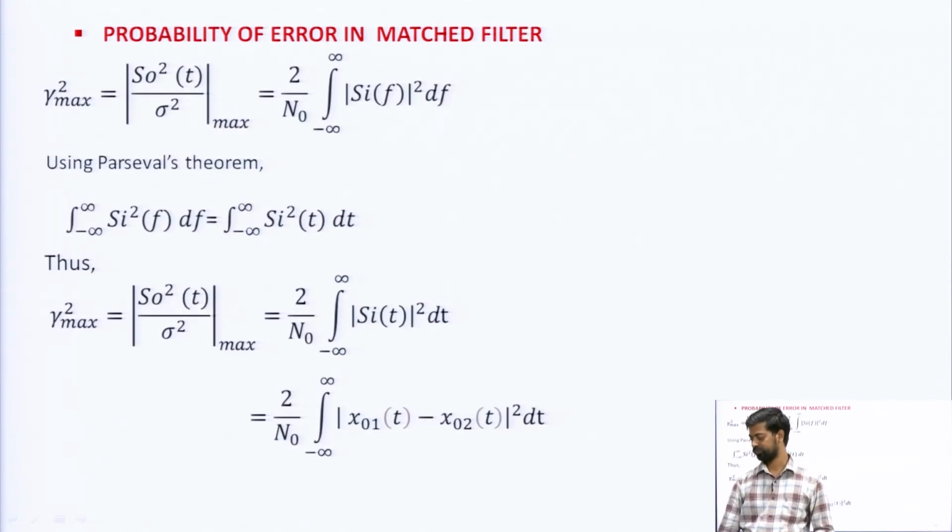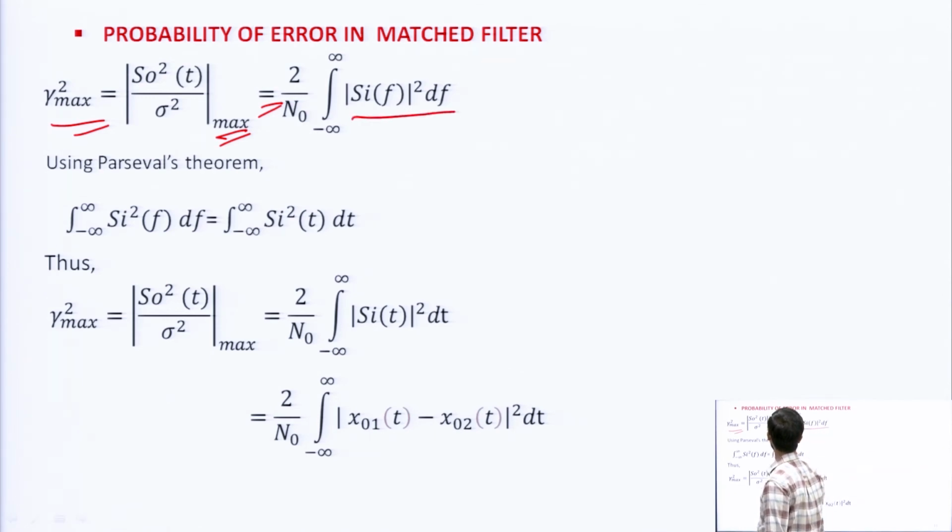Now, what is the probability of error in the matched filter? In the case of the matched filter, like the optimum filter, we can also find out the probability of error. So your SNR equals s naught of T whole square divided by sigma square, which at maximum equals 2 by N naught integration of psi of f whole square df.